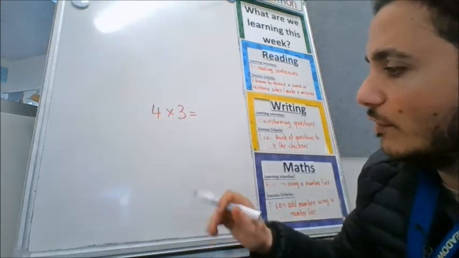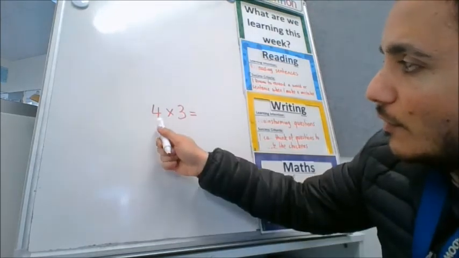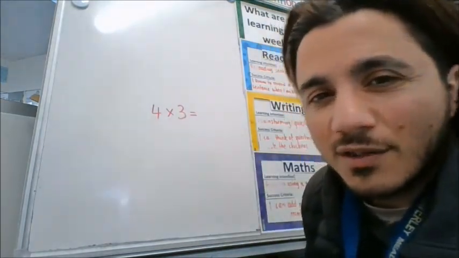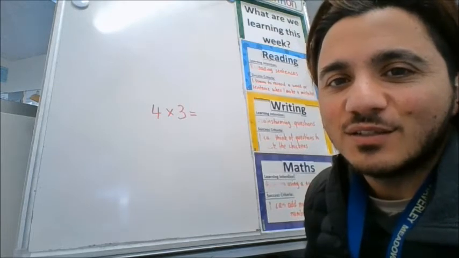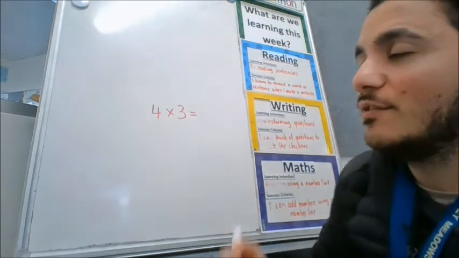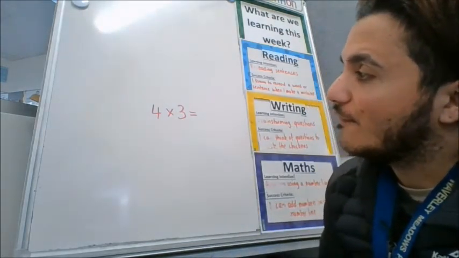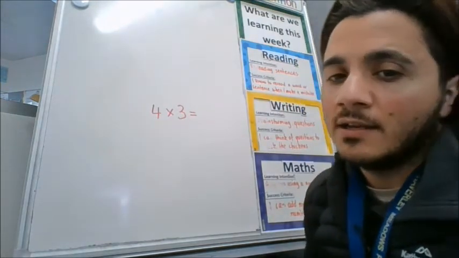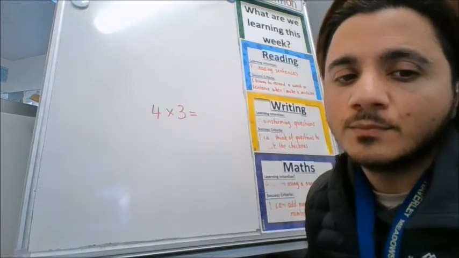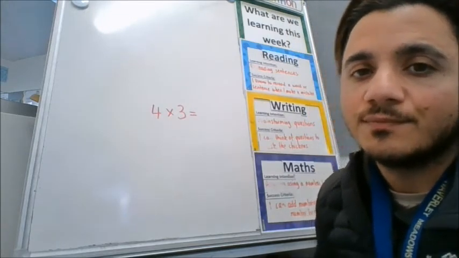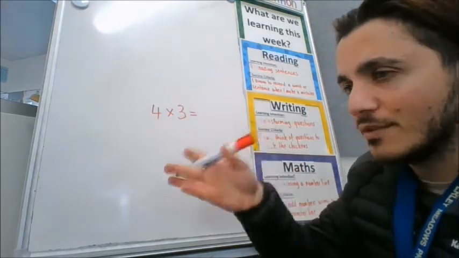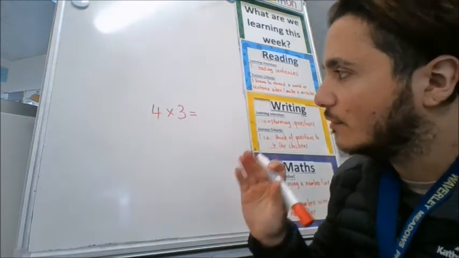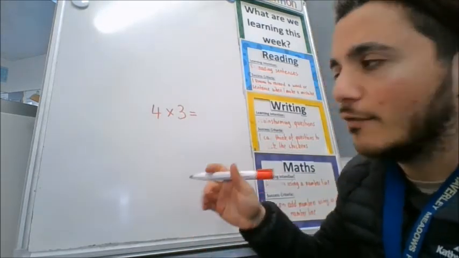My circles are my groups. Mr. Lorico loves to put things into stories. I've got 4 carrots, and I want to multiply them by 3. So I want to clone them. Multiplying is like cloning. You are adding the same number over and over again.